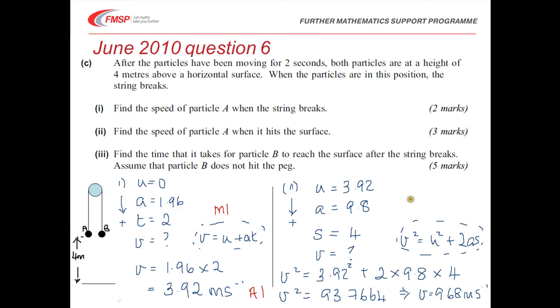There was a method mark for using v squared equals u squared plus 2as, and an accuracy mark which was a follow-through mark. So if you had made a mistake with one of these, so you had got 3.92 incorrect or something, as long as you did this bit using your answer, you did get a follow-through mark. And again here, another accuracy mark which was also follow-through.